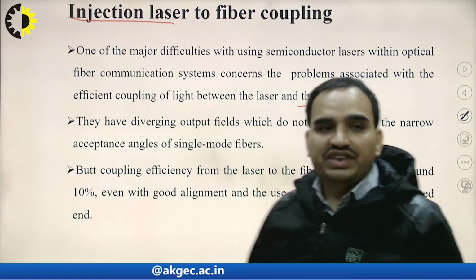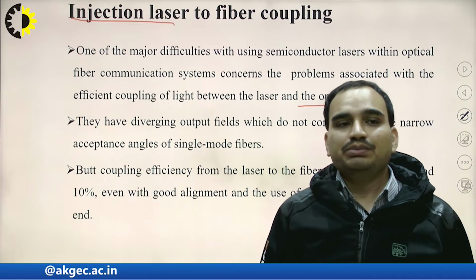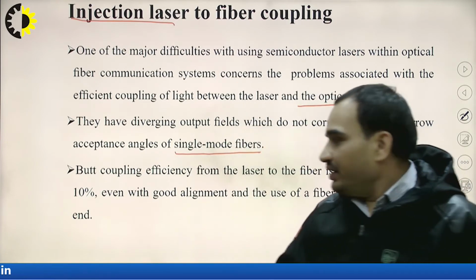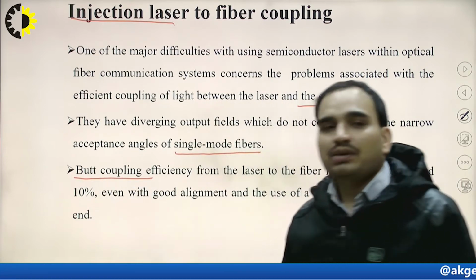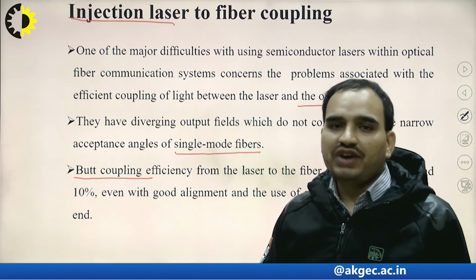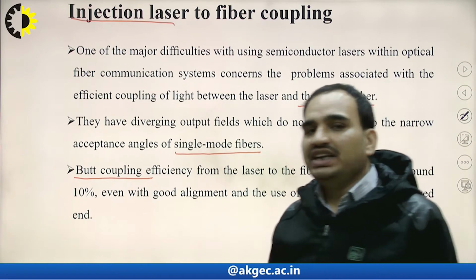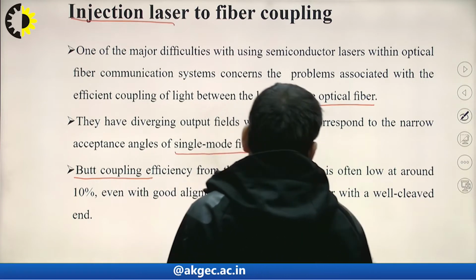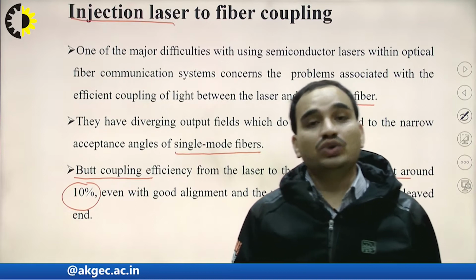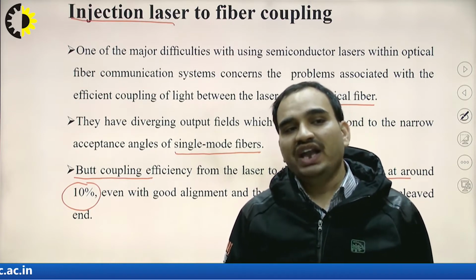They have diverging output fields which do not correspond to the narrow acceptance angles of a single mode fiber. Butt coupling is simply when we place the optical source near the fiber. Butt coupling efficiency from the laser to the fiber is often low, at around 10%, even with a good alignment and the use of a fiber with a well cleaved end.